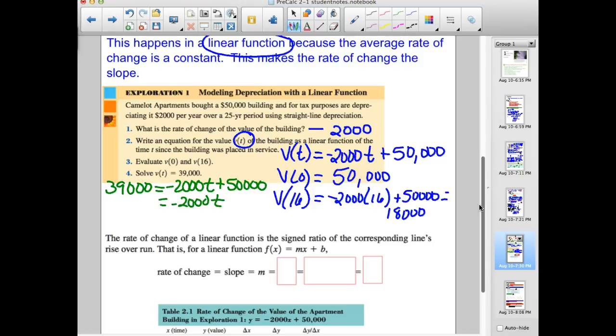Negative 11,000 divided by negative 2,000. 11 divided by 2 is 5.5. So after 5.5 years, the value would be down to 39,000. We're just basing it on a linear function.